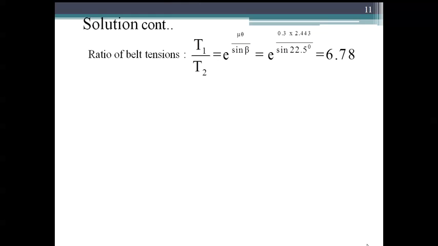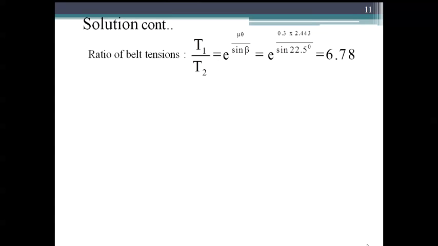T1 by T2 equal to e power mu theta by sin beta. Because it is a V groove, T1 by T2 is equal to e power mu theta by sin beta. Beta is the half angle of V groove. For V groove pulleys, we need to use this formula.